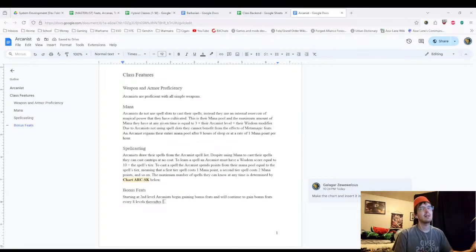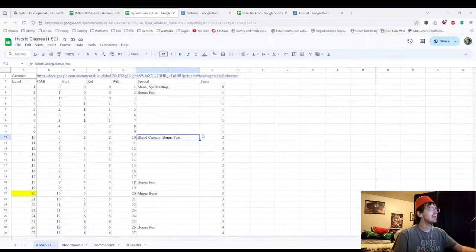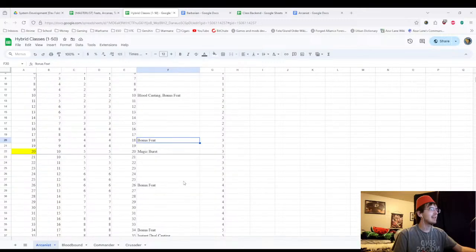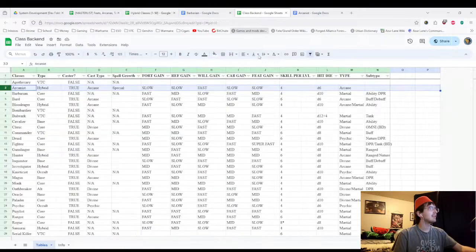Did I spell that wrong? Whatever. So this means that they will have a total of 3 at level 18 and 7 at level 50.